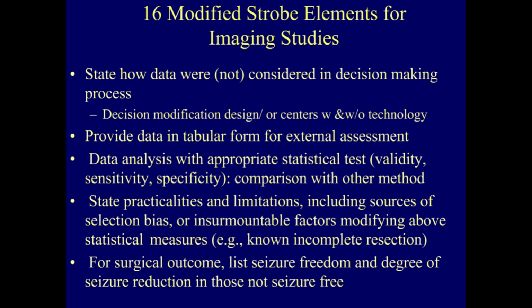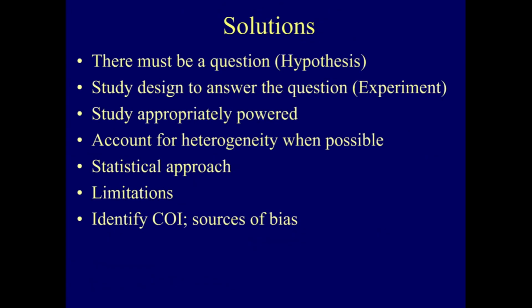For example, if you have a known incomplete resection, you might not expect complete seizure freedom, but that may not negate the importance of your observations. For surgery, you need surgical outcome. You need to list seizure freedom and the degree of seizure reduction in those not seizure-free. So those are the 16 criteria.